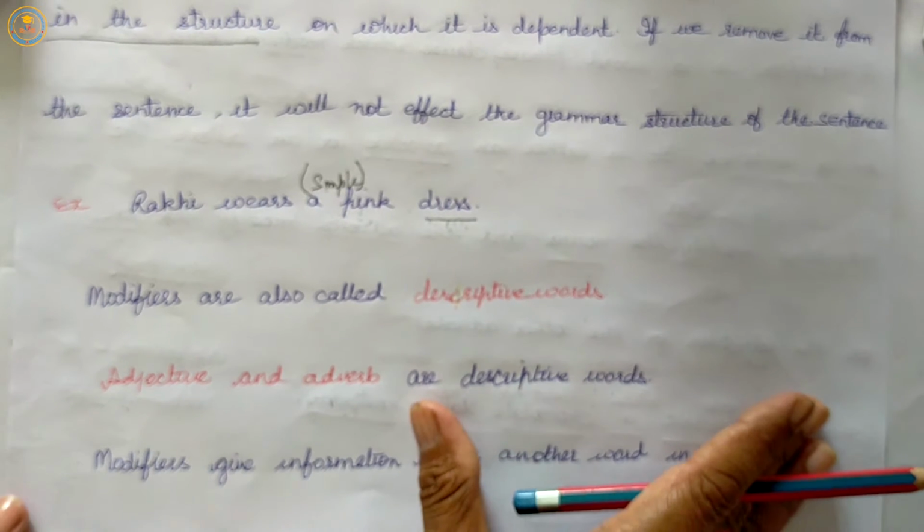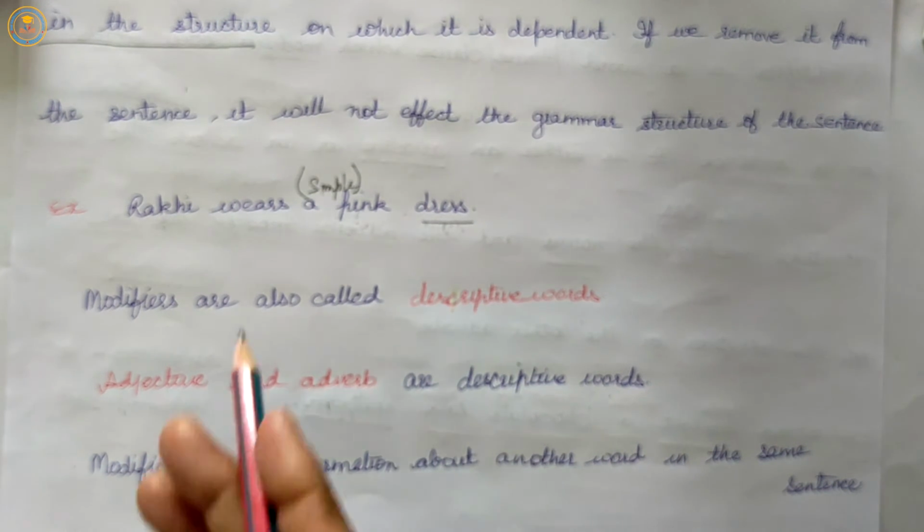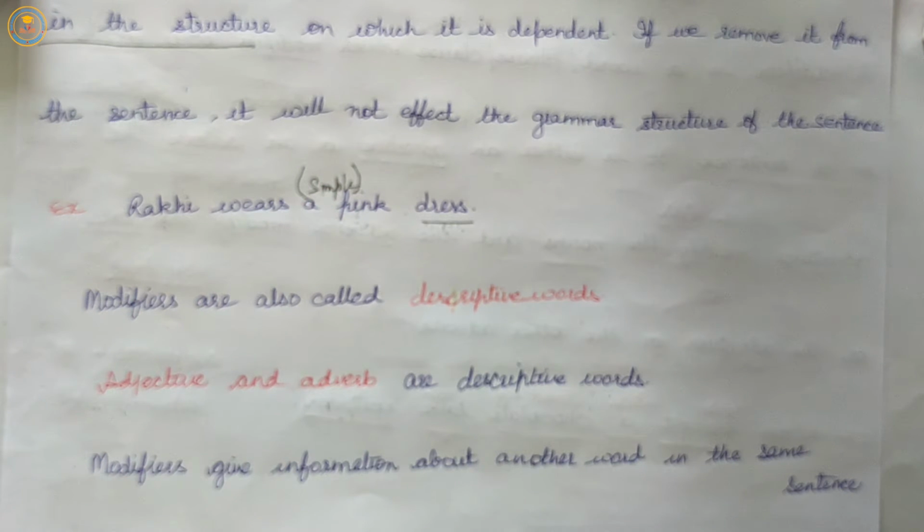Modifiers give information about another word in the same sentence, which we have already discussed earlier in the above paragraph. So, modifiers are descriptive words, and these descriptive words, adjective and adverb, give information about another word in the same sentence.